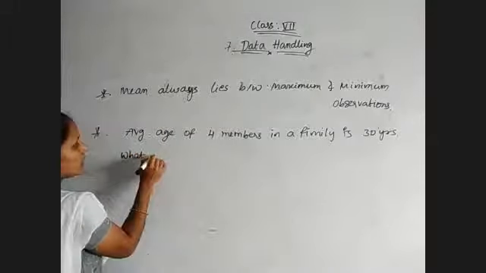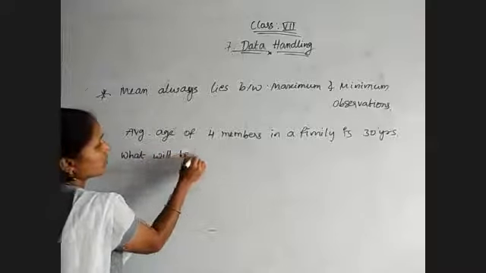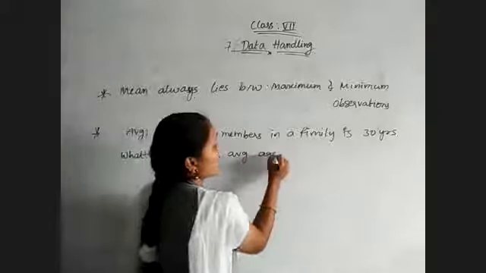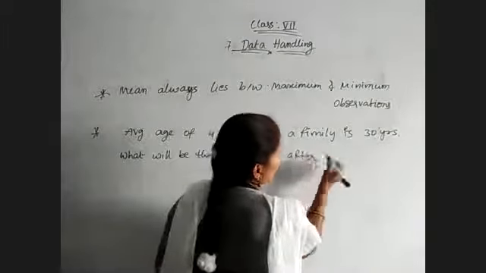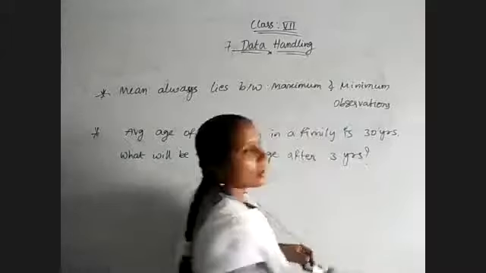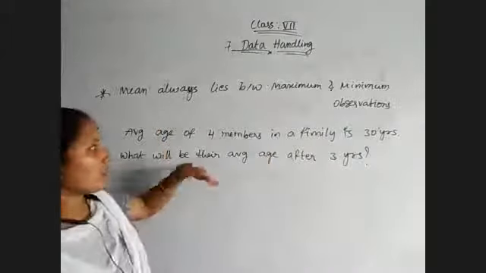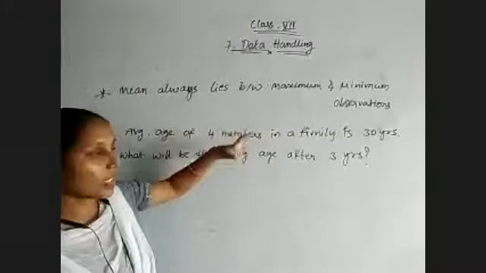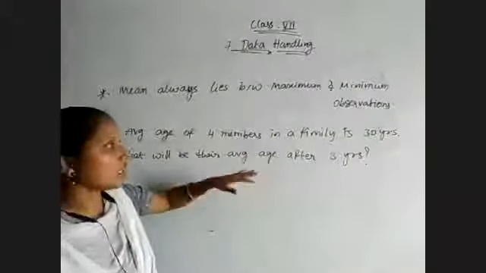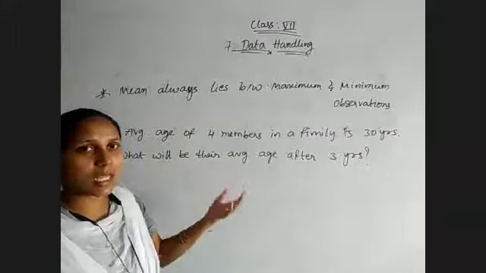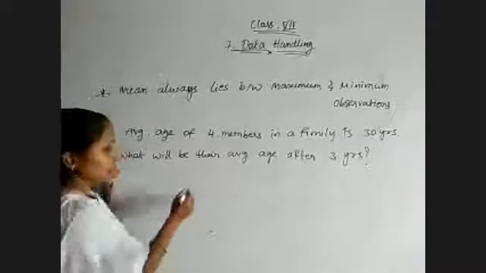What will be the average age after 3 years? The ages of the 4 members are not mentioned at all, but we can still answer this, because after 3 years each person's age also increases by 3. For suppose your present age is 10 years.